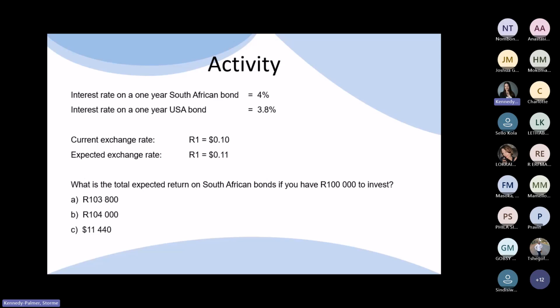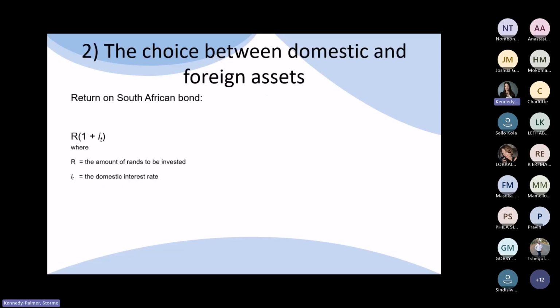So it's easy to calculate the expected return on the South African bonds since you have rands to invest, and you can ignore the exchange rate component and only look at the interest rate on South African bonds. And again, it's 4%. So 4% of 100,000. This is the formula that you're going to use, where the return on a South African bond held for 1 year in South African Rand is R times 1 plus IT, where R is the amount of rands to be invested, in this case 100,000 rands.